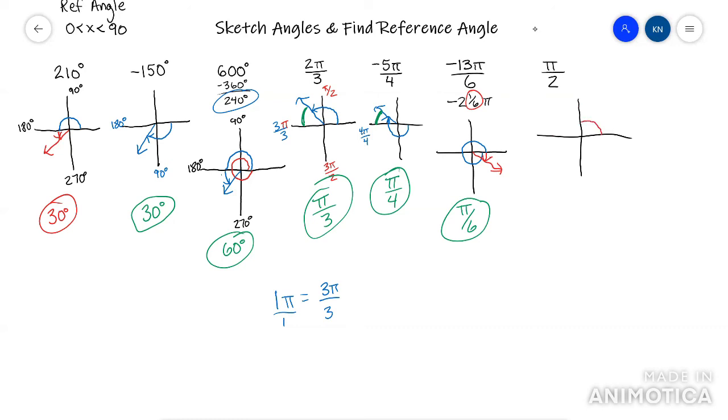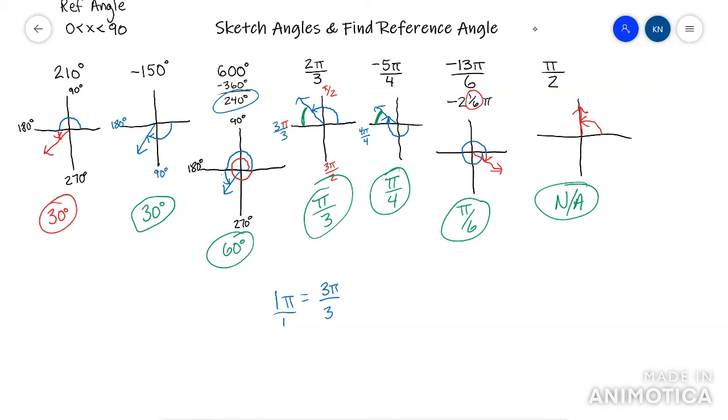You would stop right here at pi over 2. So sketching it, it would look like this. And then since your reference angle here would be like 90 degrees, well, our reference angle has to be between 0 and 90. It can't be or equal to 90. So for this one, the reference angle, I would put N/A. It's not applicable.